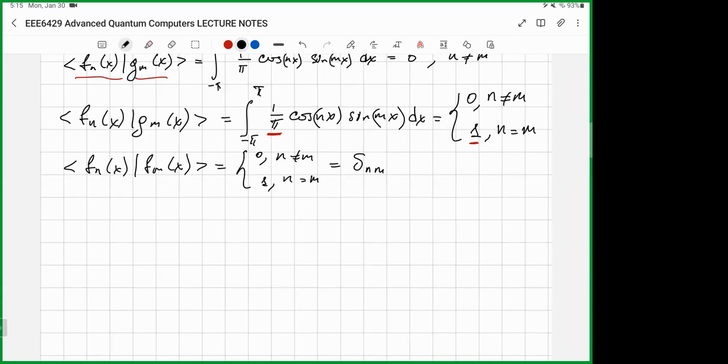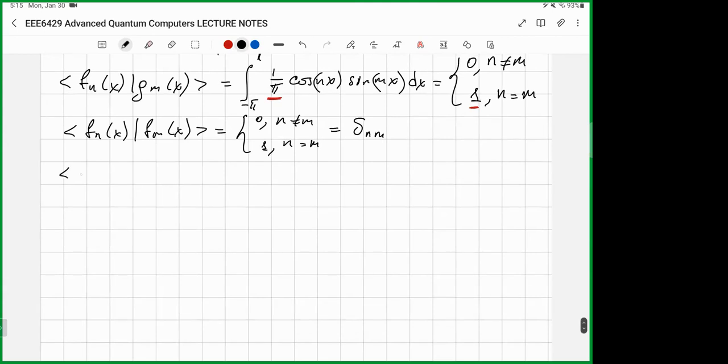Basically, when n equals m, it equals 1, and when n and m are different, the corresponding component of the delta matrix is 0, and this gn of x times gm of x is also delta nm.